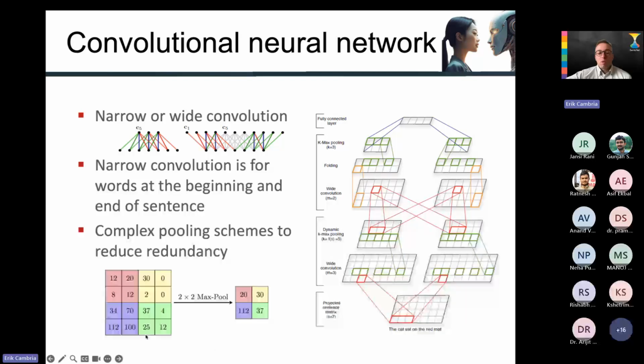So what is a max pool operation? Simply dividing my set of data into different units, and then for each of them, I just take the maximum. So here is a simple example of 2 by 2 max pool. And this, of course, is done in much bigger dimensions, but this is mostly the methodology.